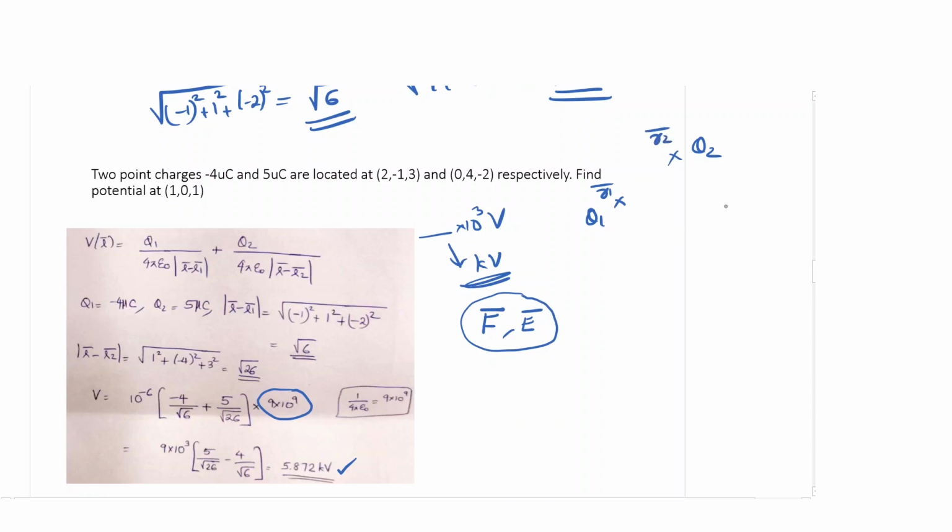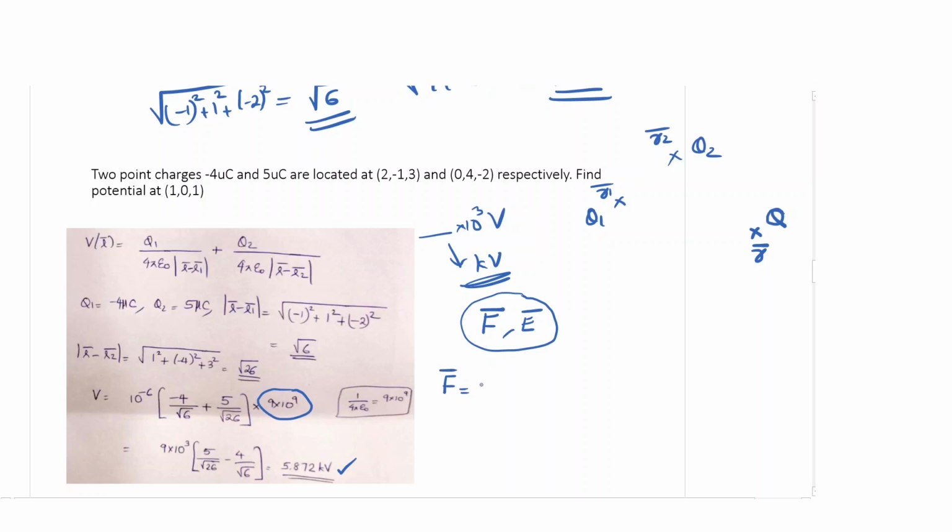You will be asked to calculate either a force experienced by a charge at a position. So if that be the case, that particular position should be marked as R, and the charge experiencing the force should be given as Q. Okay, if that be the case, how can you write the equation for F?